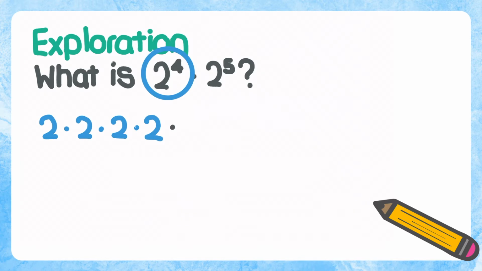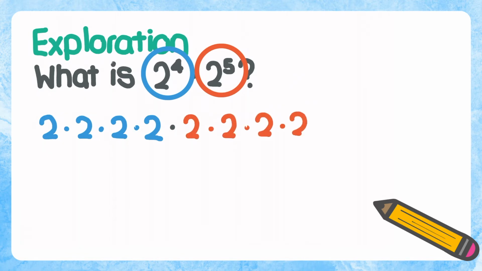And we multiply that by 2 to the power of 5. So 2 times 2 times 2 times 2 times 2, 5 times. So how many times are we repeating the multiplication of 2? 1, 2, 3, 4, 5, 6, 7, 8, 9 times. So we can rewrite this as 2 to the power of 9.